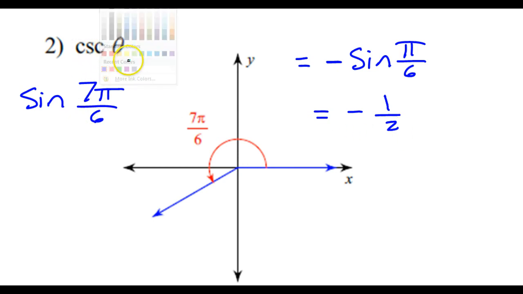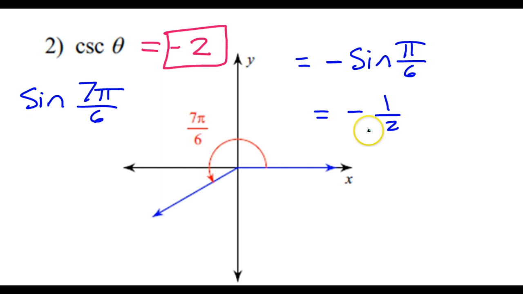So that means the actual answer for cosecant is going to be negative 2, because we have to take the reciprocal of this. Alright, so that is how you find the value of a trig function at a special angle.